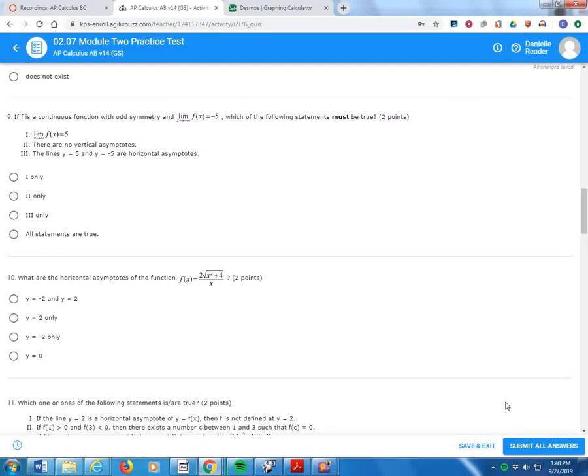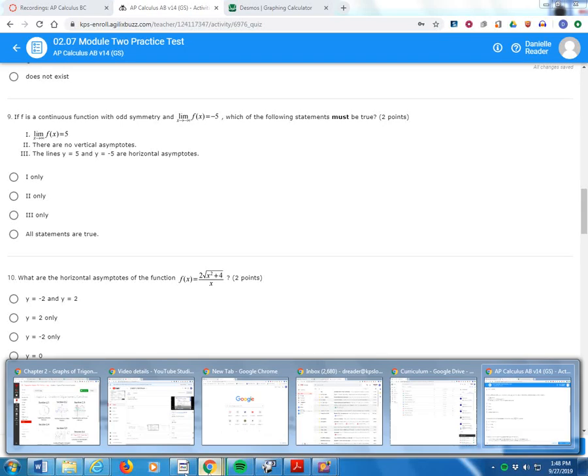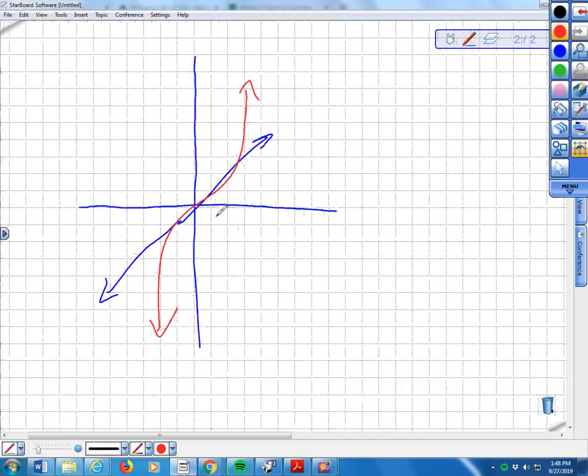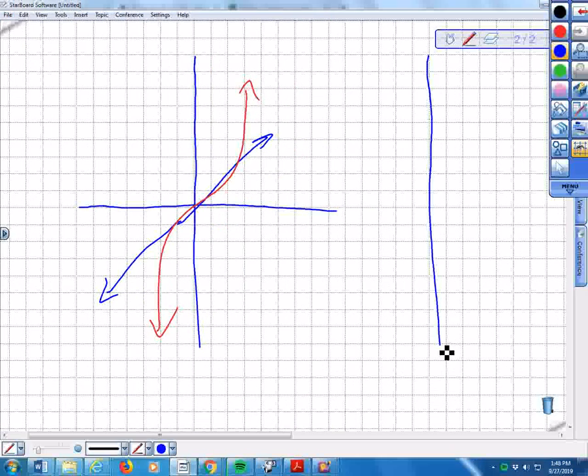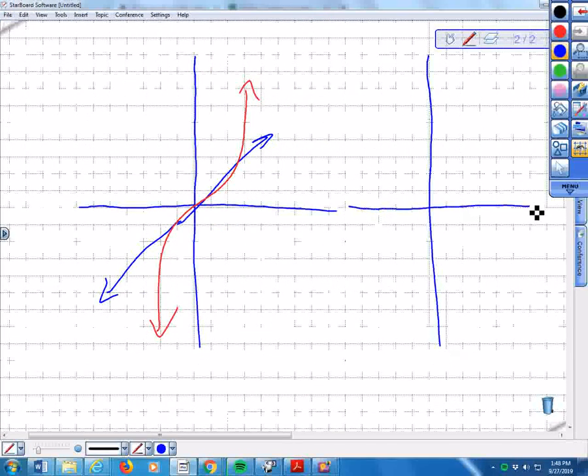And as x goes to infinity, f of x is going to -5. Which of the following statements must be true? As x goes to infinity, y approaches -5. It's got odd symmetry. So I know when I go back to my graph, what it's really doing, because it's odd, it's got to be a negative slope.